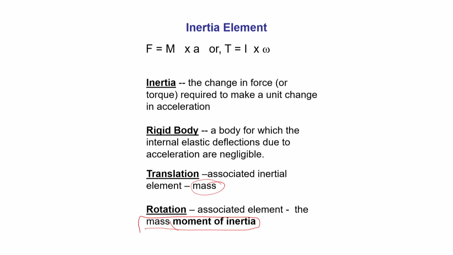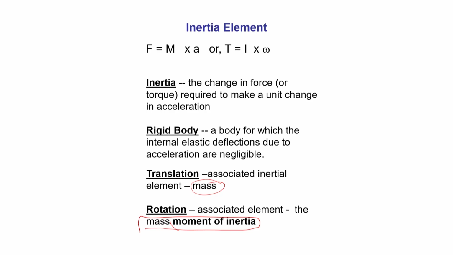Now we are talking about the mass moment of inertia, which is important for storing the kinetic energy of the system. Each one of these elements is either an energy storage element or an energy dissipating element.